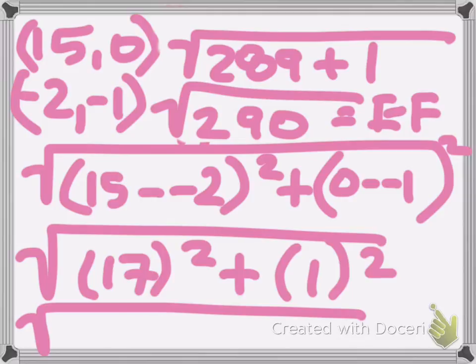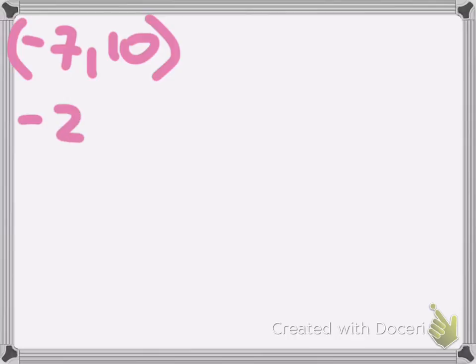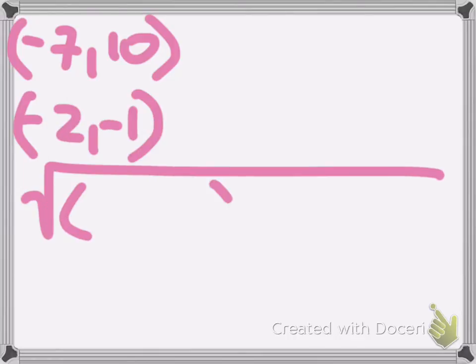And then I need to do that one more time with FD. So if I go back, F is negative 2, negative 1, and D is negative 7, 10. And I'm going to, again, plug it into the distance formula.